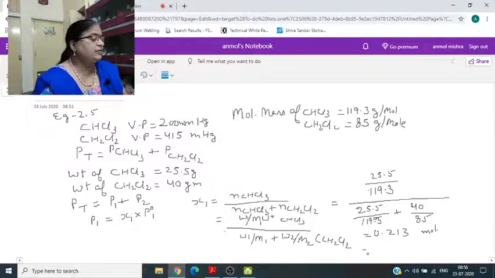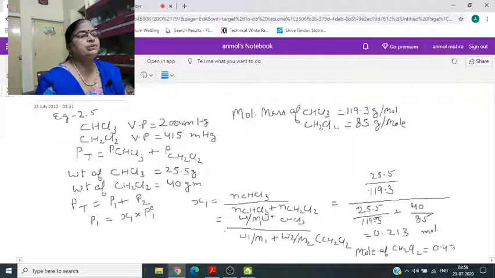Second, similarly we can find out moles of CH2Cl2, that is equal to 0.47. So now we have the moles, we can substitute them here, so it will be easier for you, but we have to calculate.